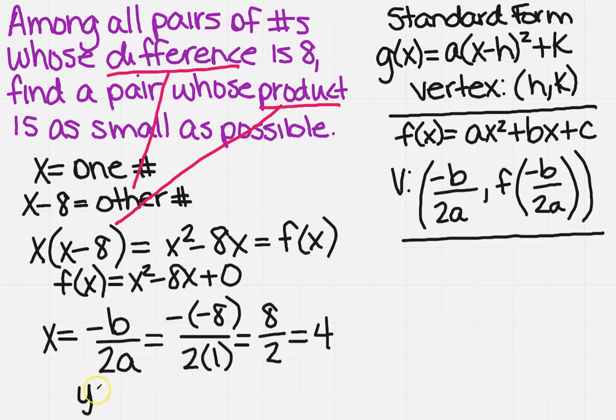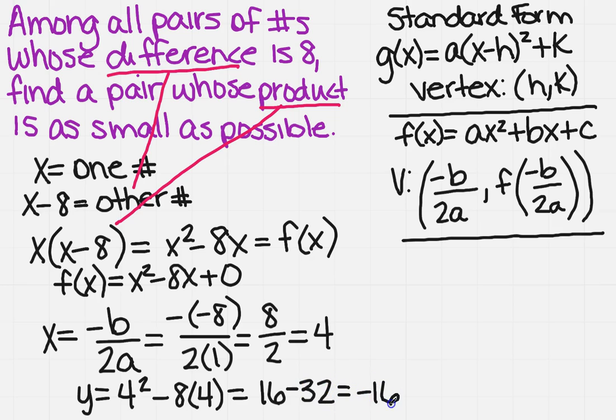So y equals 4 squared minus 8 times 4, plus 0, which I don't really need. So I've got 16 minus 32. That's going to give you negative 16. So my vertex is at 4 comma negative 16.